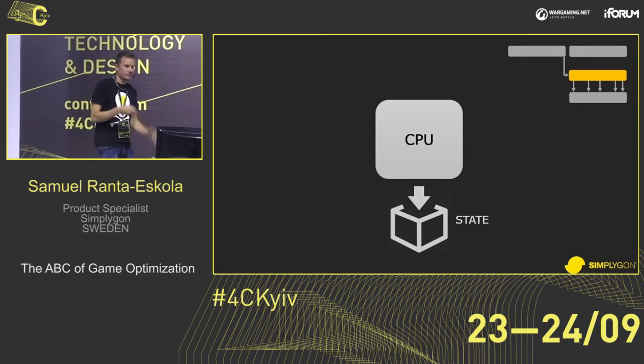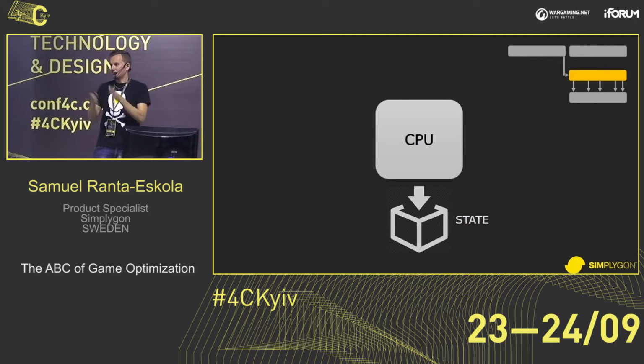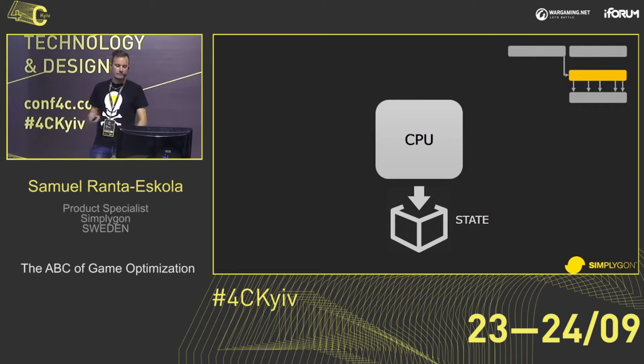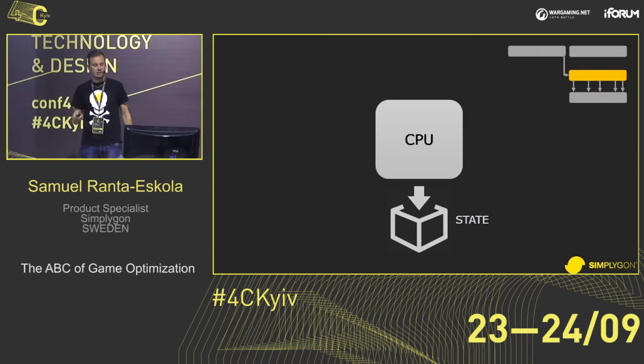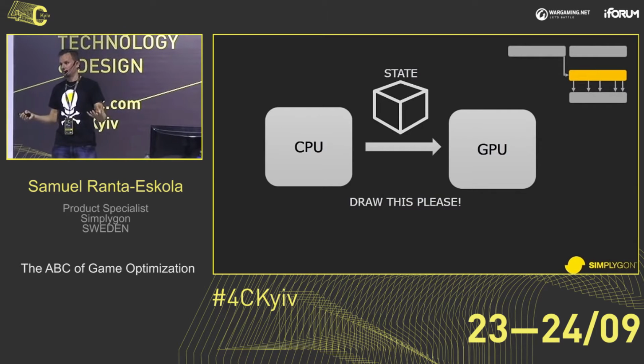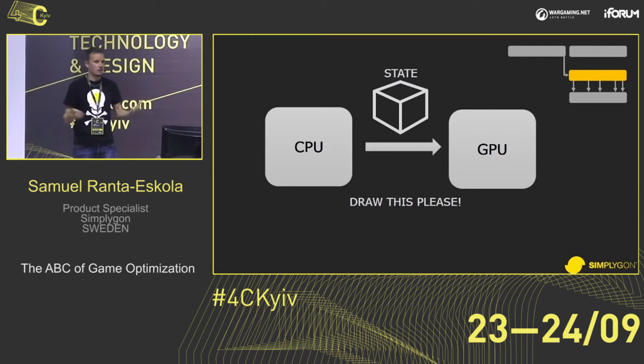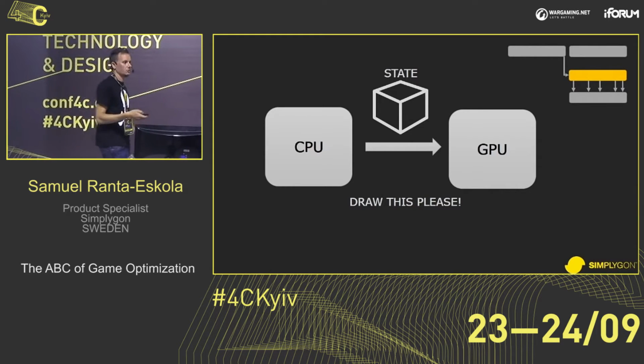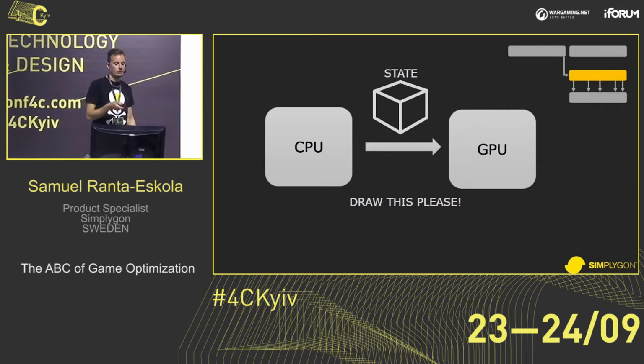This usually takes about the same amount of time every time you do it, no matter what you're drawing, with a little bit of modification there. But now, afterwards, the CPU will take that state and send that to the GPU, who will then draw that to the screen. It will essentially execute shaders to put that object onto the screen.